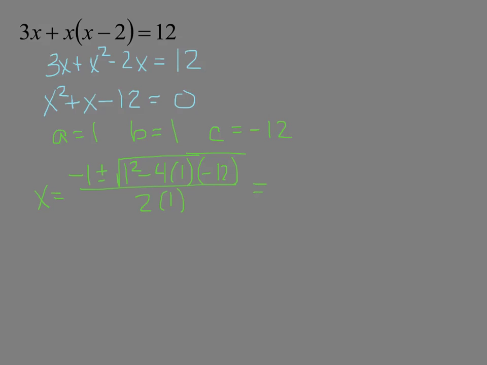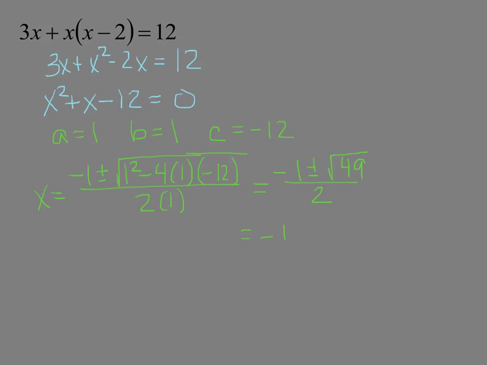If I enter that in, we're entering what we call the discriminant underneath the square root in our calculator. We're going to get 1 plus 48, or sorry, 1 plus 48. So we're going to get the square root of 49 over 2.